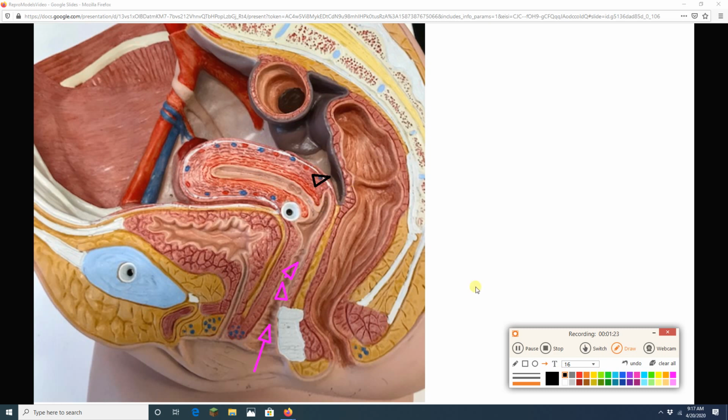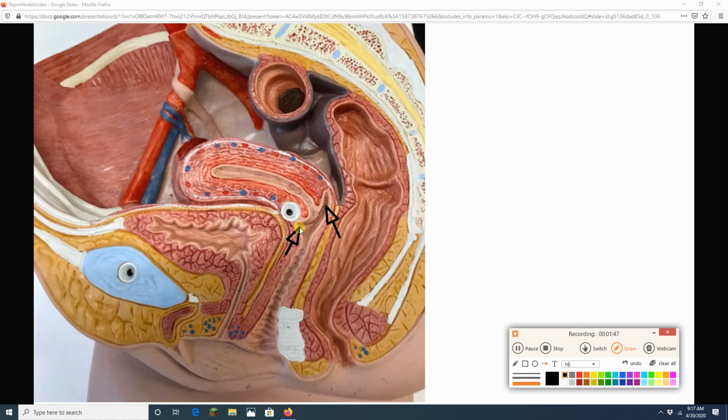The cervix is this portion of the uterus right here, and it is going to unite with the vagina. The cervix actually projects into the vagina, and that creates a space.